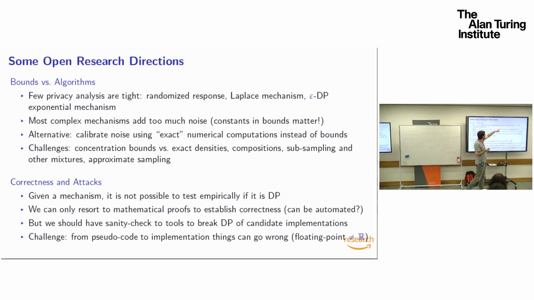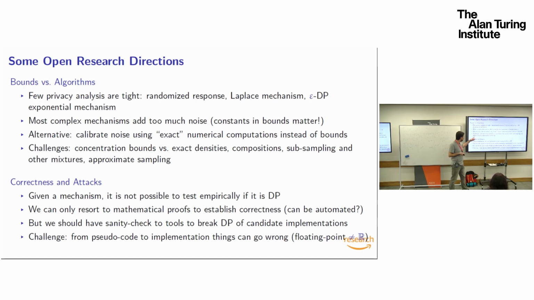Only randomized response, Laplace, and the epsilon-DP exponential mechanism are tight, in the sense that if you have the exact global sensitivity, these give you the exact variance that you need to satisfy the guarantee and not more. But there are many other cases where the analyses are off, and they can be off by constants, or by worse things than constants. But in many cases, they're off by a constant at least. These constants matter because they tell you how much noise you need to add.